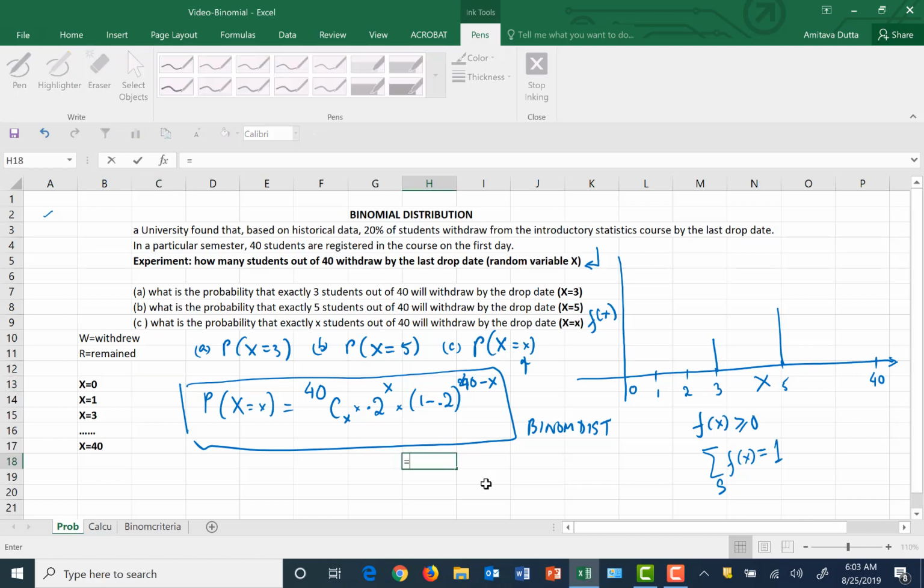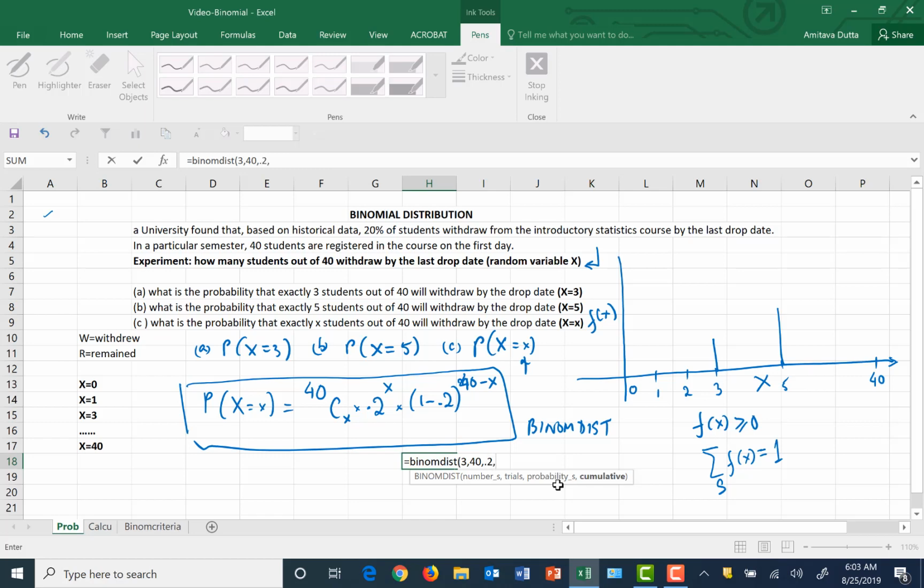So equal to Binom dist, and then Excel asks me number of successes. So I'm looking for the likelihood of 3 students dropping out from the course. So 3. How many students do I have in the course? It's 40, and the likelihood of any one student dropping out is 0.2.